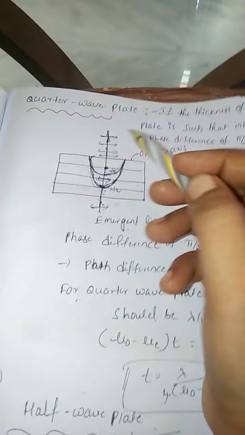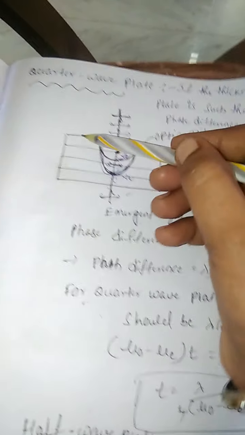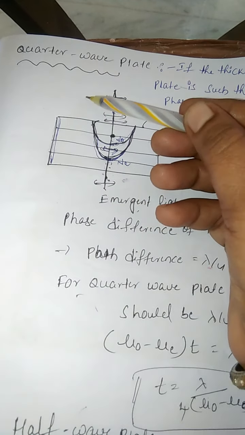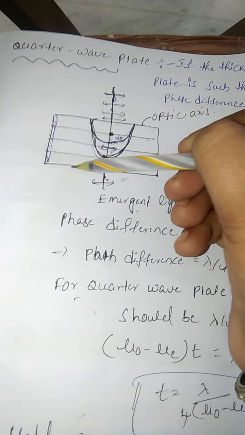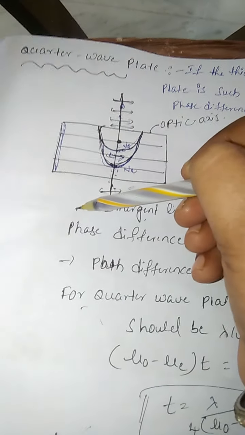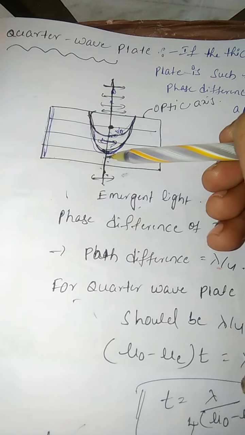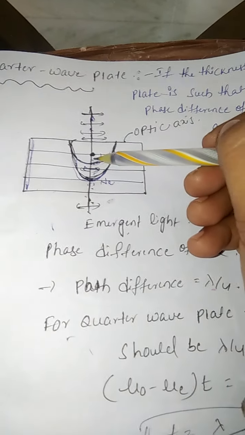A quarter wave plate is nothing but this: this is the crystal, with some thickness. When a ray of light travels inside the crystal and emerges outside, there is a difference between the ordinary ray and the extraordinary ray.